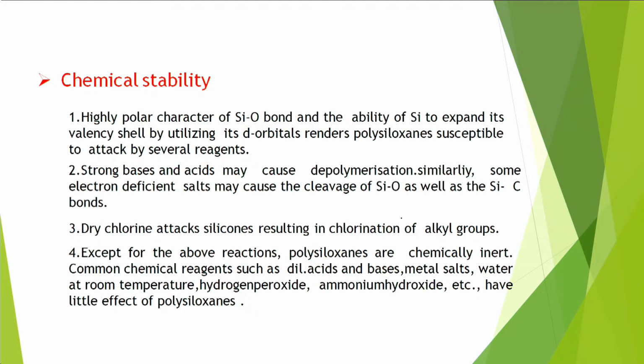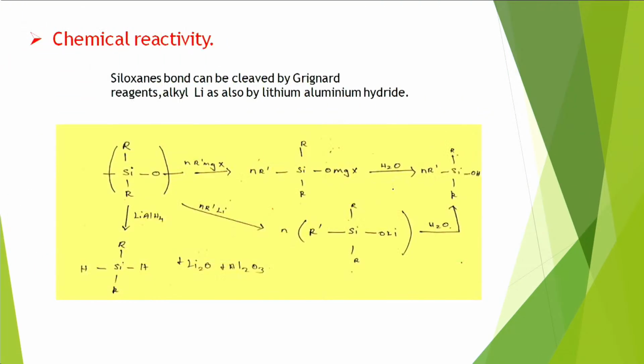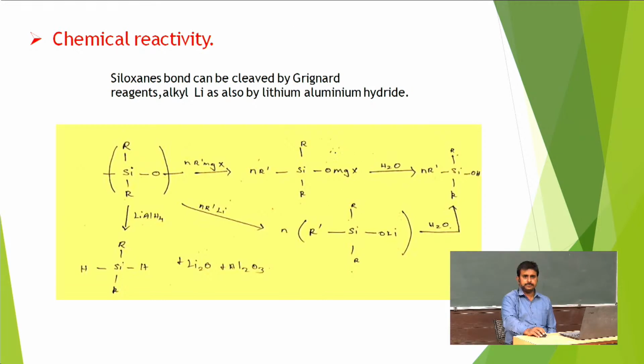Other than these reactions, the polysiloxanes are chemically inert. They are basically inert at room temperature to dilute acids and bases, metals and salts. They are so chemically stable and not reactive to most chemicals at room temperature. But strong acid and strong base affect the chemical stability of the silicones. Further, the silicon bond can be damaged by the use of Grignard reagents, as well as lithium compounds.